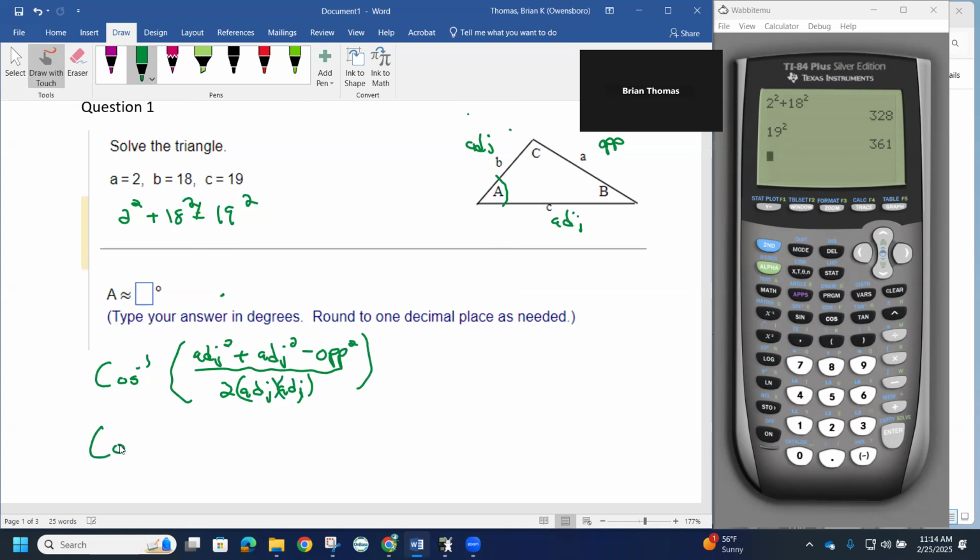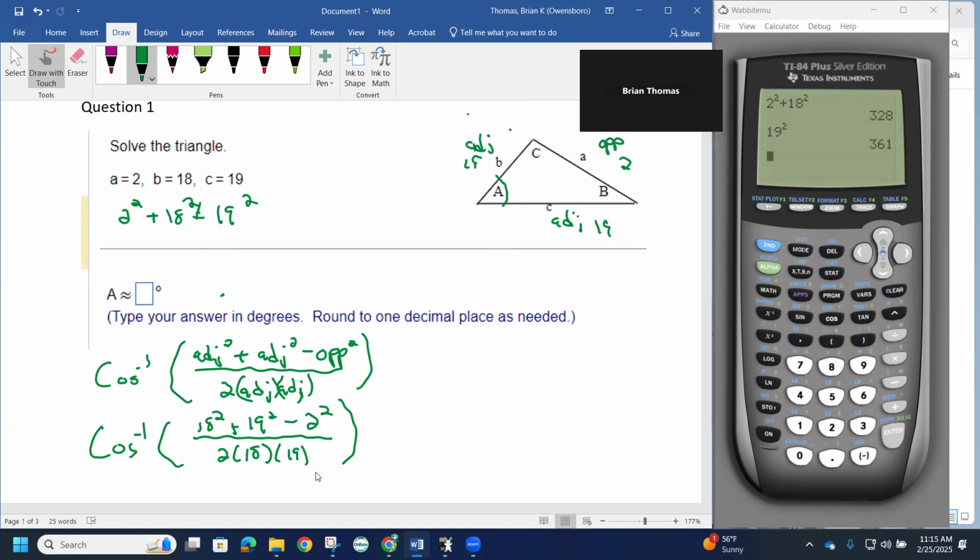So the inverse cosine, if we substitute in, the opposite was the 2, and the adjacents were the 18 and the 19. So I'm going to have then 18 squared plus the 19 squared minus the 2 squared, and that's going to be all over 2 times the adjacent times the adjacent. So that's going to be 2 times 18 times 19, and then close the parenthesis.